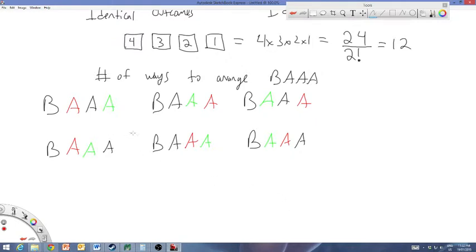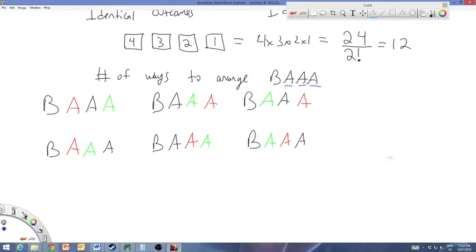So here are the different ways I can arrange BA if B was first. Notice how many different. If I have 3 things which are identical, how many identical outcomes does it spawn? It spawns 6.